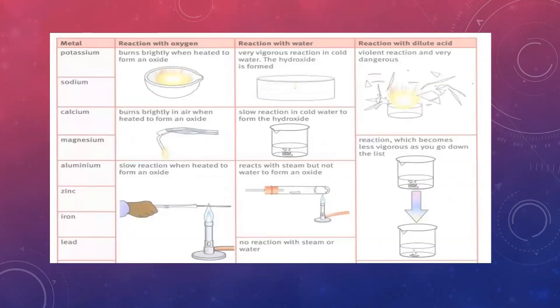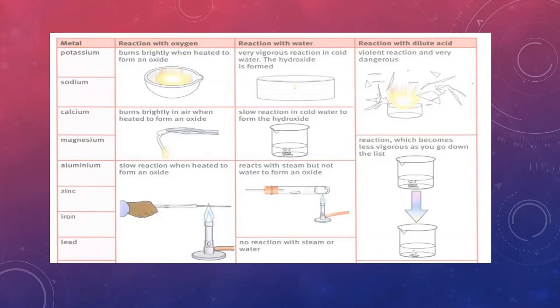By the way, the reactions of elements with oxygen, with water, and with dilute acids are very, very, very important, because the chemistry and science tests include different equations which ask about these reactions. So the examiner checks whether you know the reactivity of these elements or not.